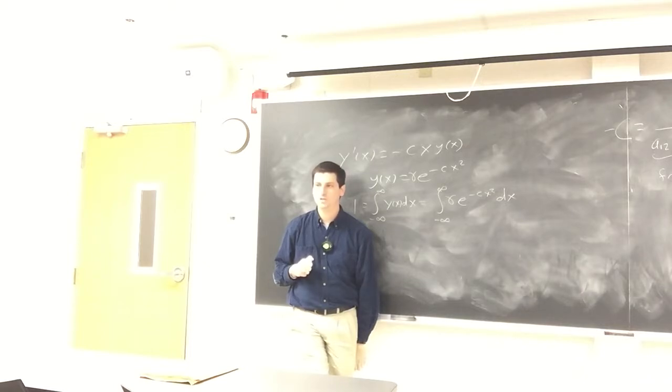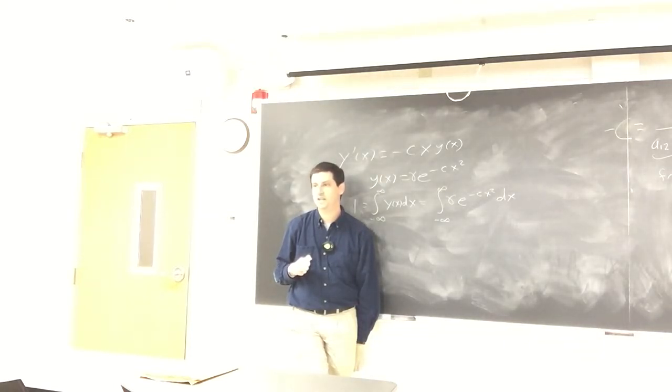So there's a couple of ways to do this. One is we can change variables, let x be square root of c times x, if we happen to remember what the integral of e to the negative x squared is. The other is we can write this as a normal distribution, and then just note what the integral of a normal distribution is.